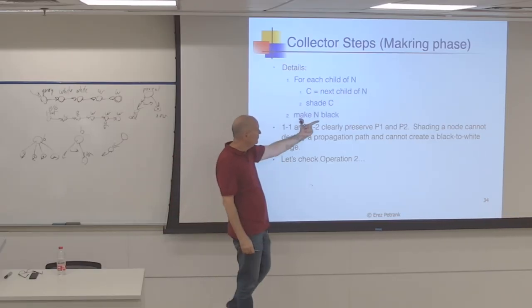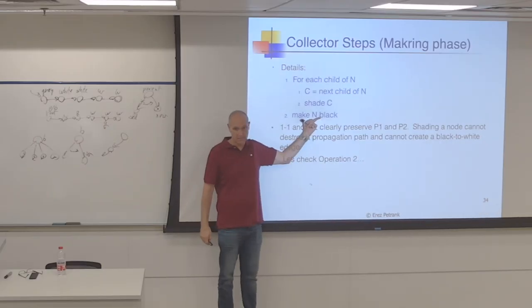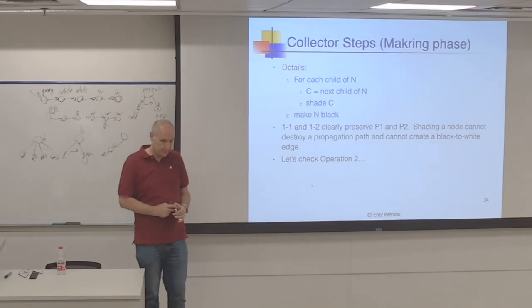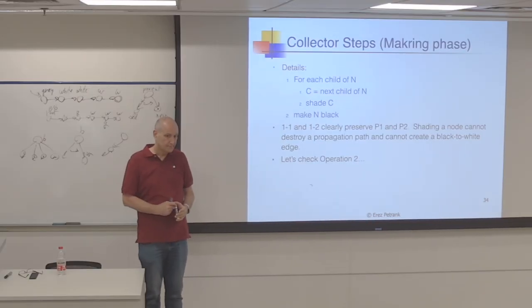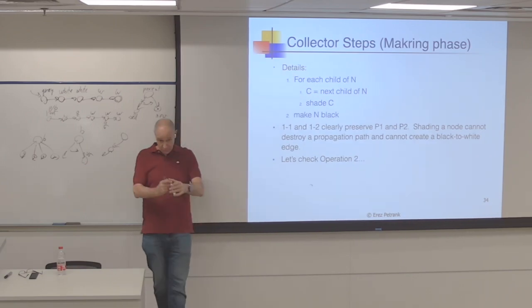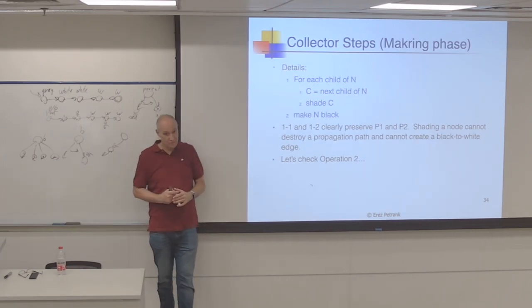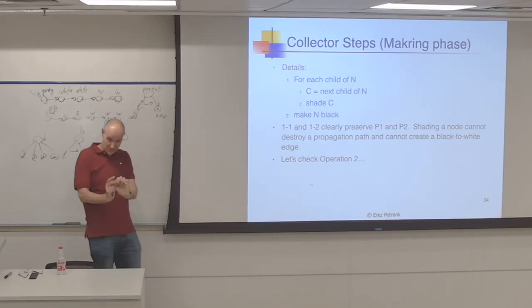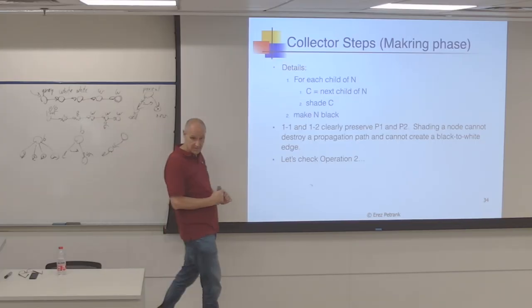So I really have to look at this and see that nothing bad happens when I'm making it black. Right, that will be the claim. We have to worry also about propagation paths, but we'll make sure it's okay. But yes, this will work.